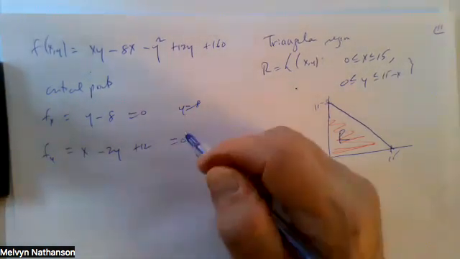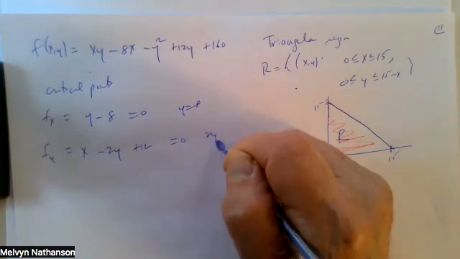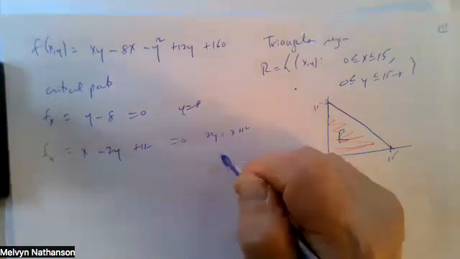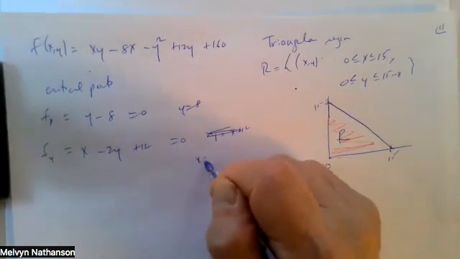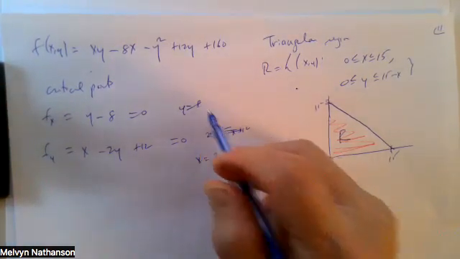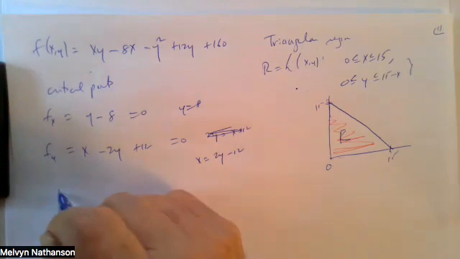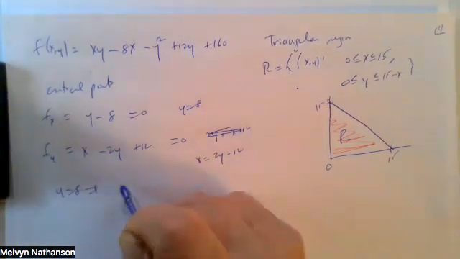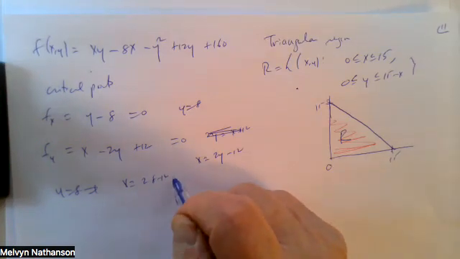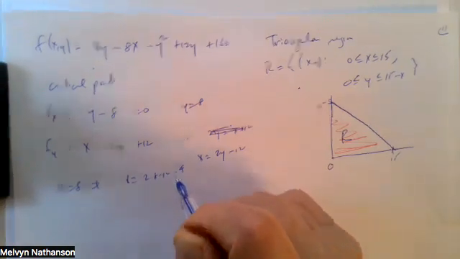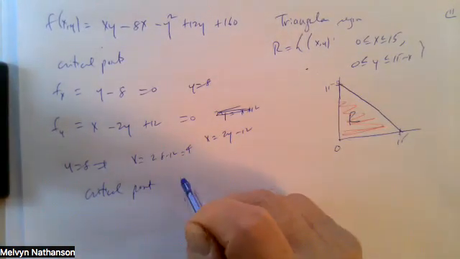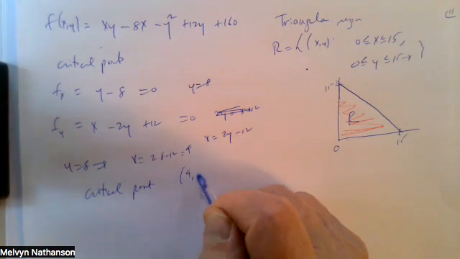Well, let's make it when x is equal to 2y minus 12. But if y is equal to 8, then x is equal to 2 times 8 minus 12. 16 minus 12 is 4. So the only critical point is at the point 4, 8.